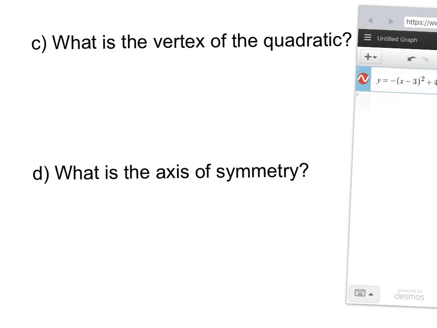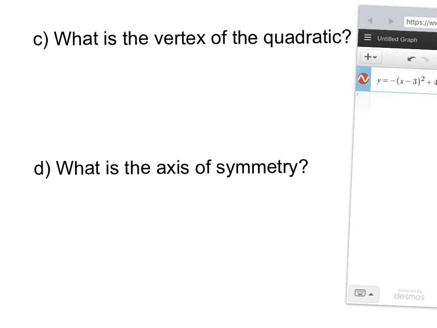Now the vertex of the quadratic, if you're not looking at the graph, you want to do it algebraically. Remember, we start by finding the x part of the vertex, which is negative b over 2a, which in this case would be positive 1 over 2 times 4, because a is 4, which is 1/8. So my vertex is going to be (1/8, something).